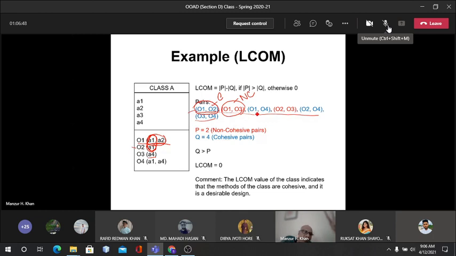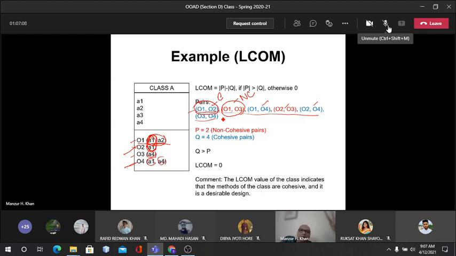So O1, O4, if you check, A1 is common. So that's cohesive. O2, O3, nothing common, non-cohesive. O2, O4, again A1 is common, cohesive. O3, O4, A4 is common, so cohesive.